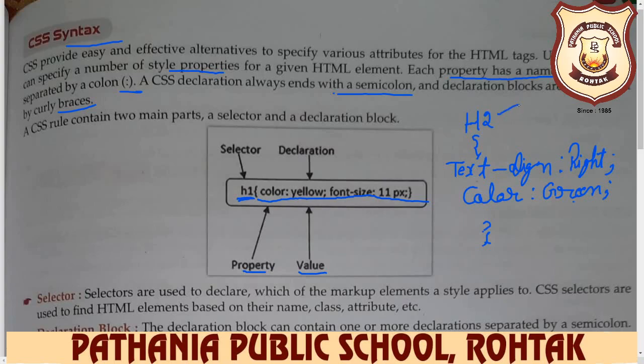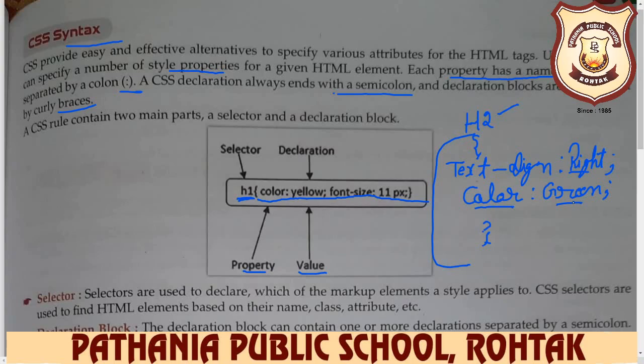So this H2 is your selector and this complete is your declaration. And this color and text align is your property, and this right and green is your value. So this is the declaration of the CSS. When you define the CSS, when you use the CSS, you declare like this.